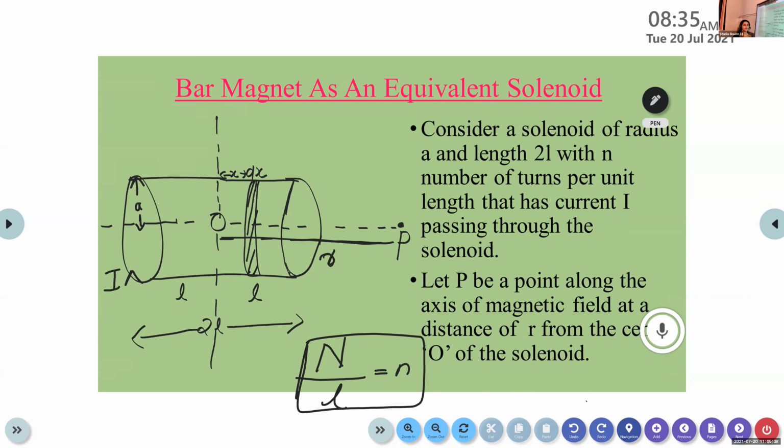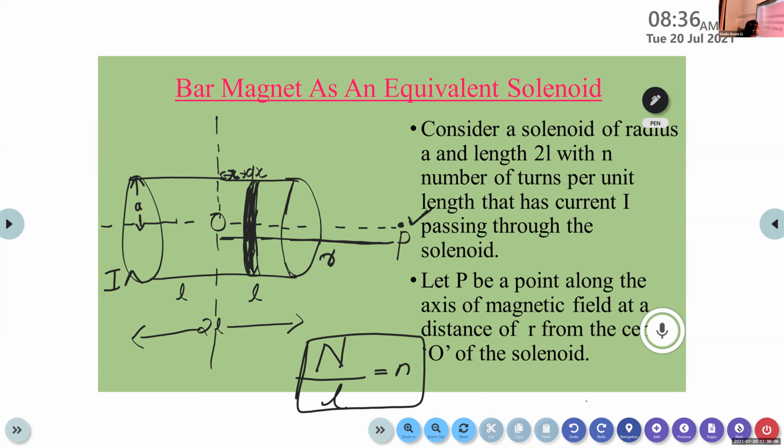Now we want to calculate the magnetic field produced at this point P. But it is not possible to calculate it in a single step. For that, we consider a small segment on the solenoid with length dx, and this small segment dx is at a distance of x from the center of the solenoid.